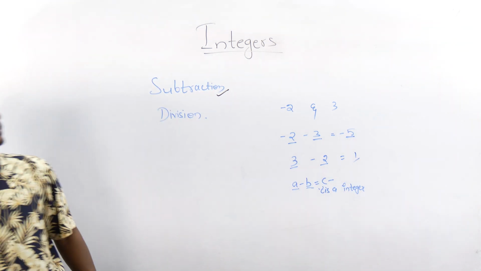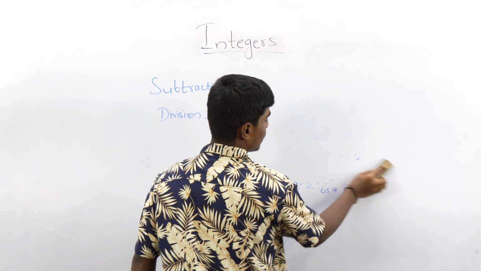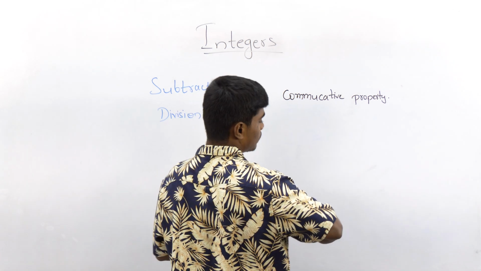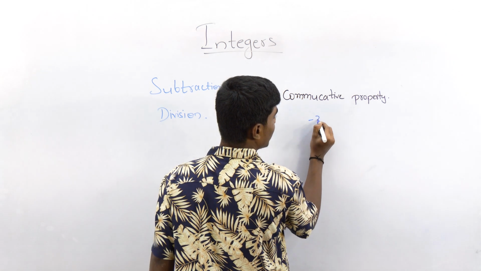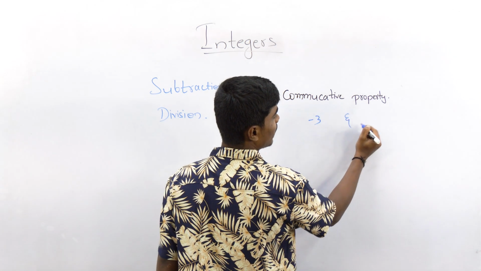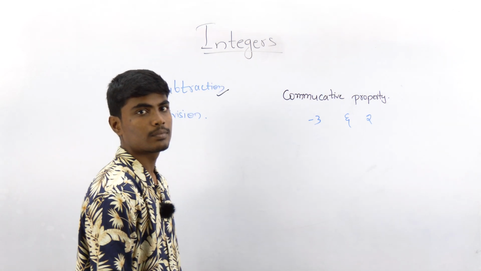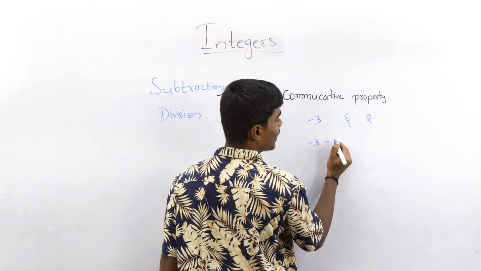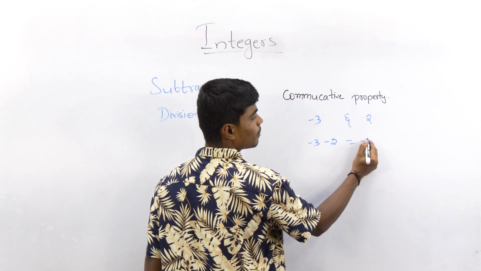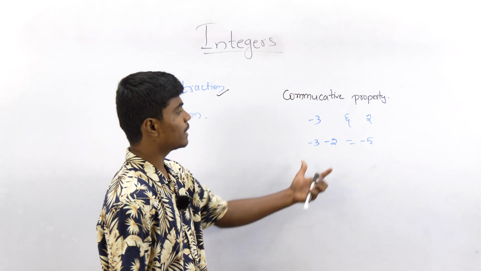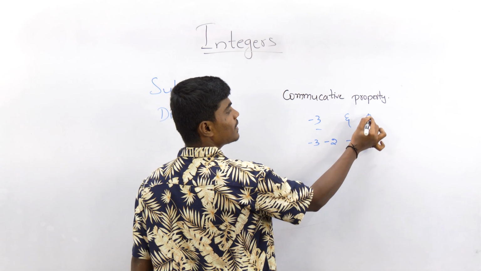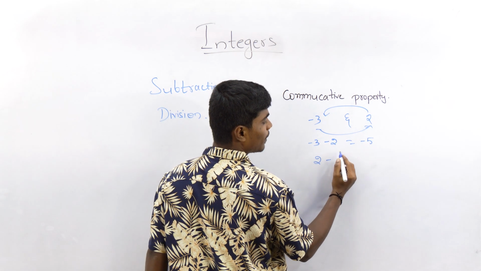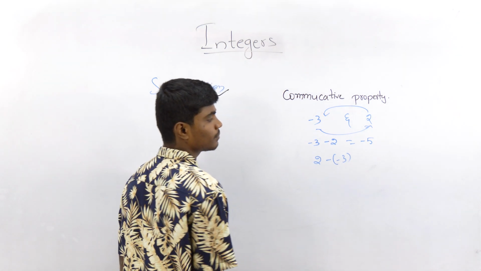Now let's discuss subtraction with the commutative property. Let's take two integers, -3 and 2. Now we subtract these two integers, -3 minus 2. The answer is -5. Now let's change the order: 2 minus -3.